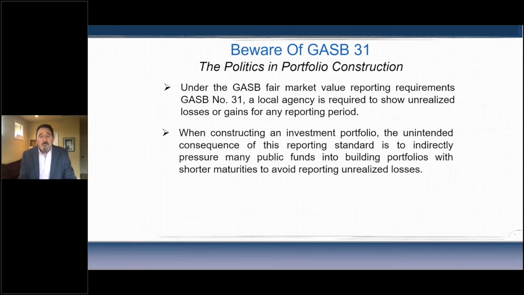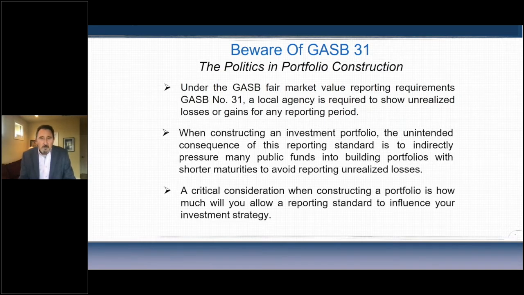When constructing the portfolio under GASB 31, one of the unintended consequences of this reporting standard can be, though it doesn't always, an indirect pressure on the portfolio manager to build the portfolio around avoiding these mark-to-market losses, which typically ends up being a much shorter maturity portfolio. So the critical consideration when you construct the portfolio is, first of all, how much are you going to allow a reporting standard to influence your investment strategy?